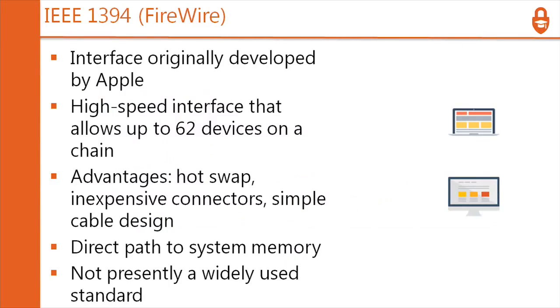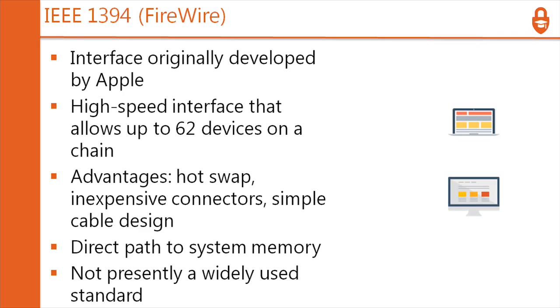Then we have the i1394, which is FireWire. I'm sure everyone's heard of that. It's an interface originally developed by Apple. It has not seen wide adoption. It's a high-speed interface that allows up to 62 devices on a chain. So it's a daisy chain: you have a fire in, fire out, fire in, fire out. Advantages: you can hot swap. You just unplug it and plug the new one in. You don't have to turn everything off like you would on the PCI bus.